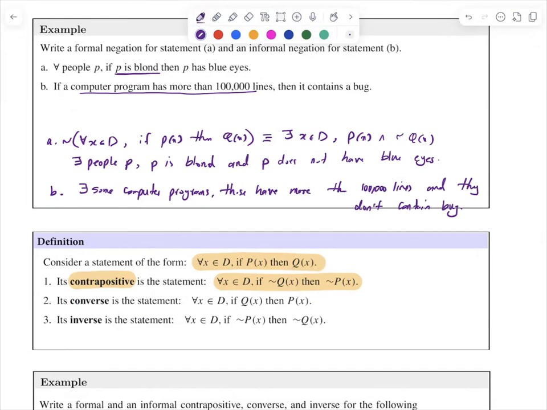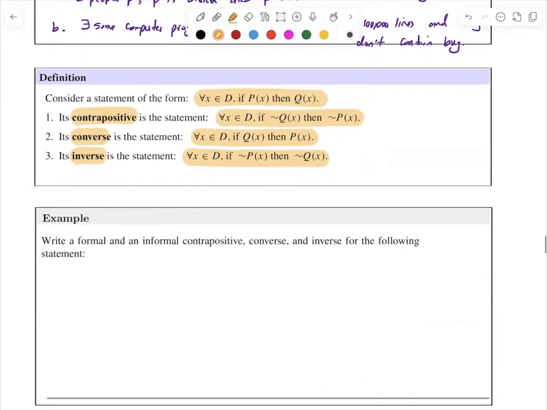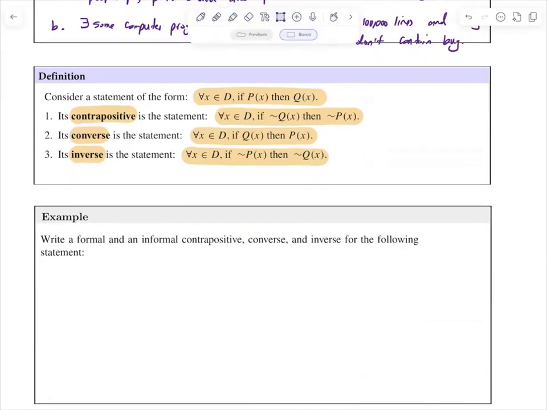For the converse, as we defined it before, for any x in domain D, if Q(x) then P(x), and for the inverse, for any x in domain D, if not P(x), then not Q(x). Nothing new. We saw this before, and we're going to take a look at one example to feel more comfortable about what's happening here.